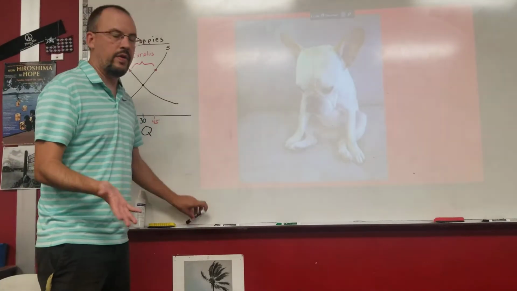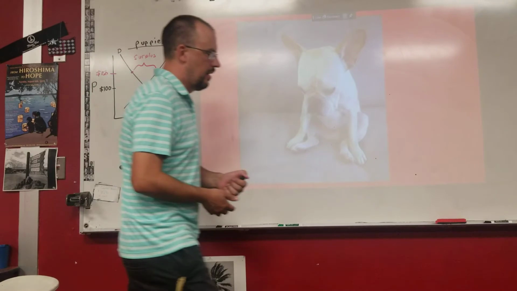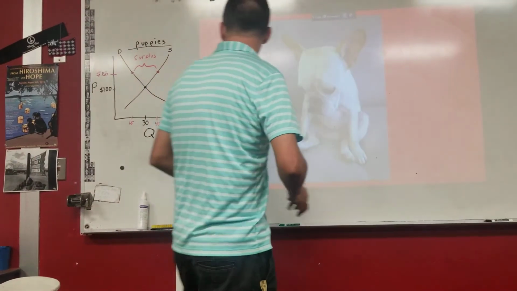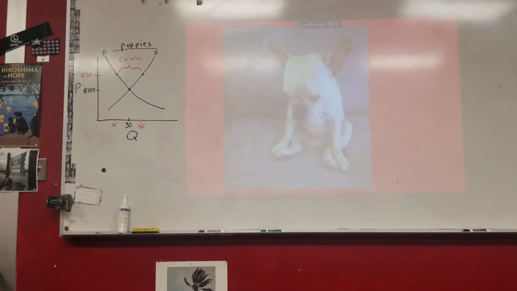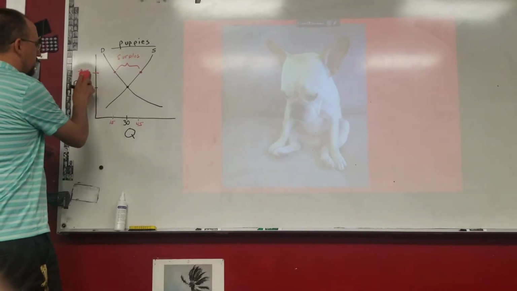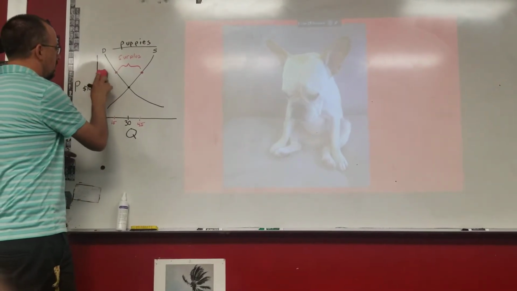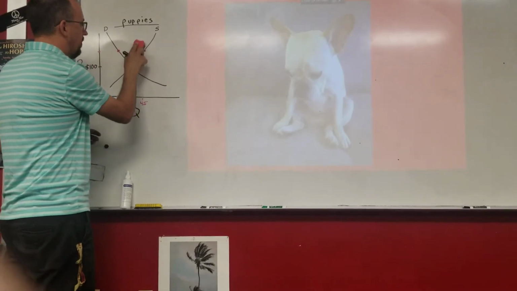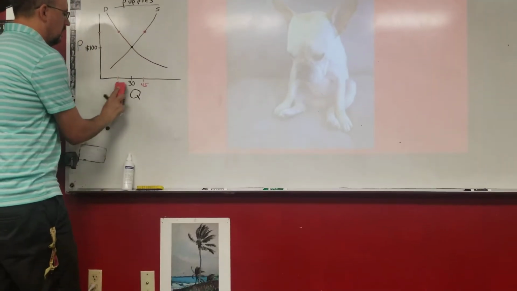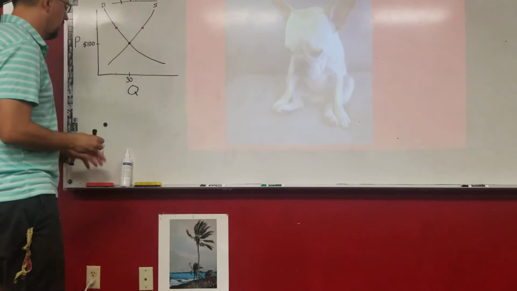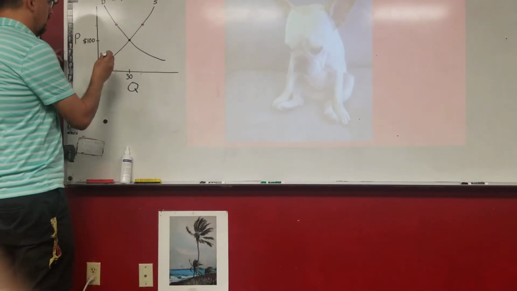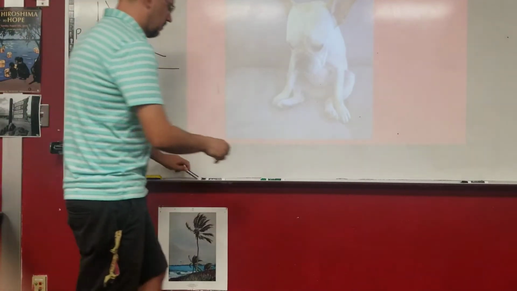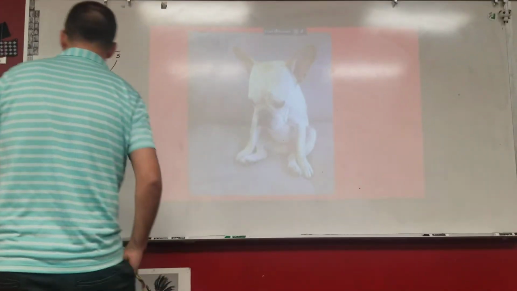So let's say I overcompensate though. I overdo it. So instead of $150, I drop my price, and I drop it to, let's say, $75.